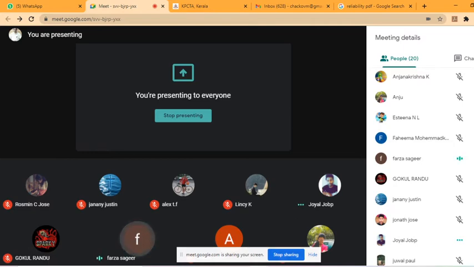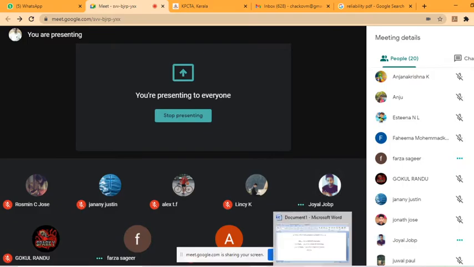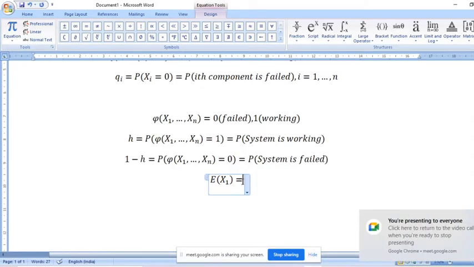Sir, summation x into probability. Okay, about summation, here we have only 2 values, so I am not writing summation.